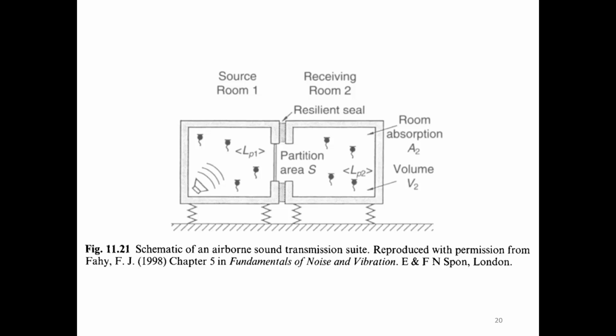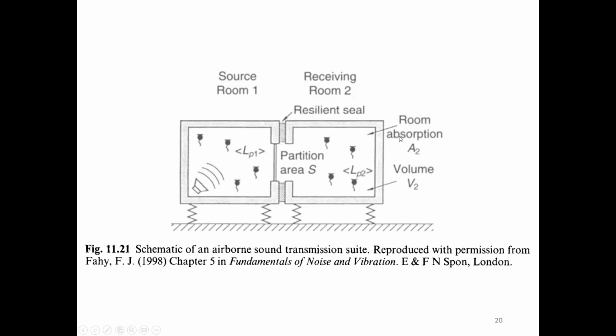So we're going to look at those, but here we have a source room on the left, we have a receiving room on the right, we have a partition area here in between. And so the area of this partition is important. That's this S. We label this as LP1, we label this as LP2.